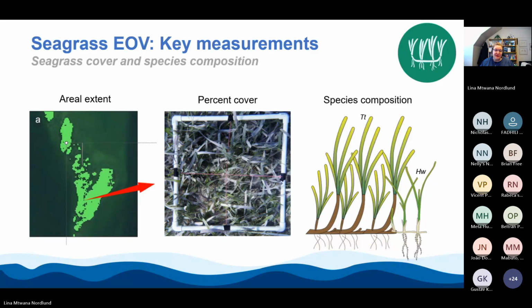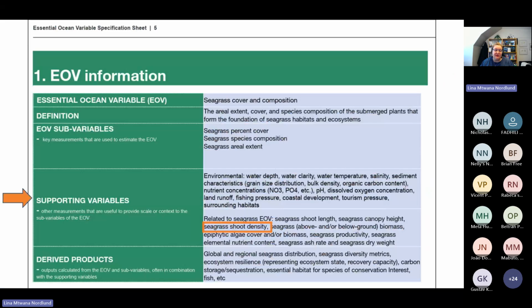I think many of us were already measuring either areal extent or percent cover or species composition. In the spec sheet, there is also guidance on supporting variables. We have environmental variables, such as water depth and water clarity, which are often measured, but there are other suggestions here as well.